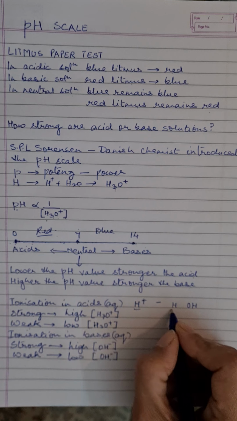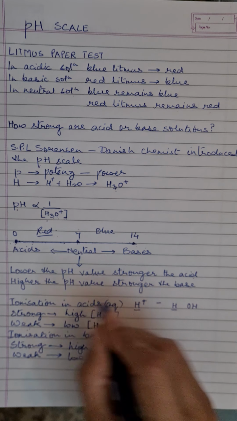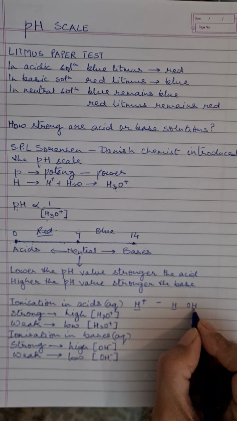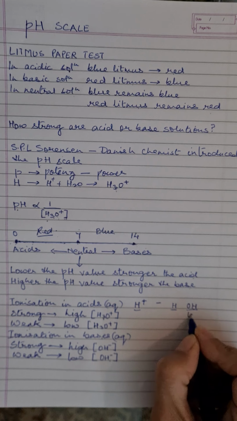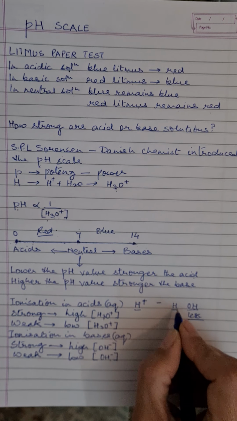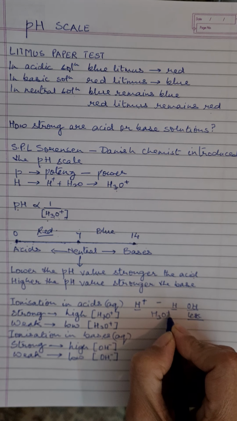These hydrogen ions are actually present as hydronium ions. So in an acid solution also you have the OH- ions, although they are very few in number. The hydronium ions, however, are comparatively very large in number.